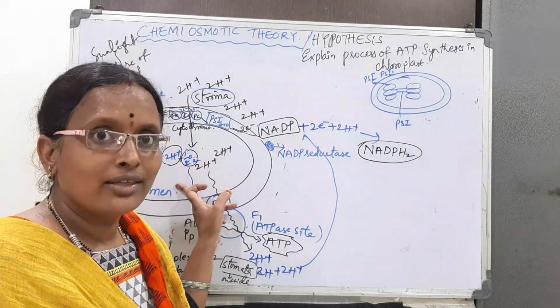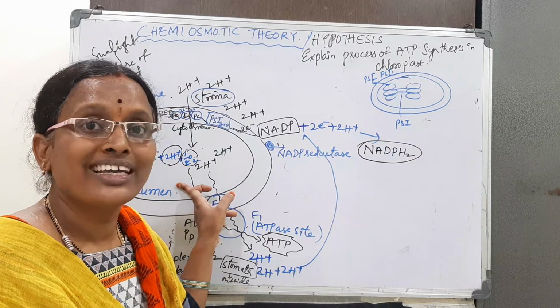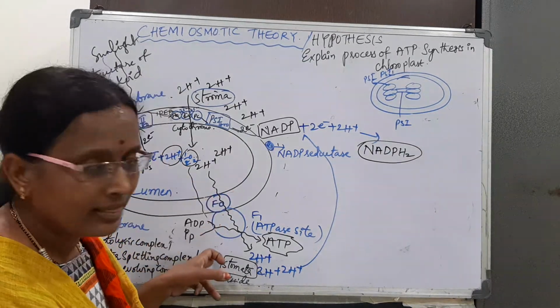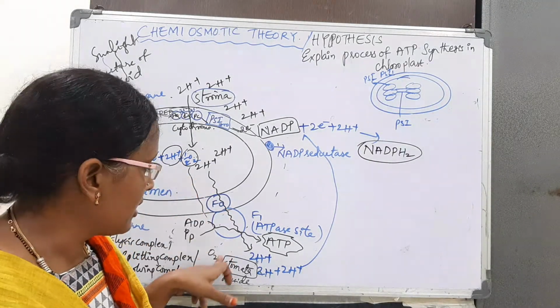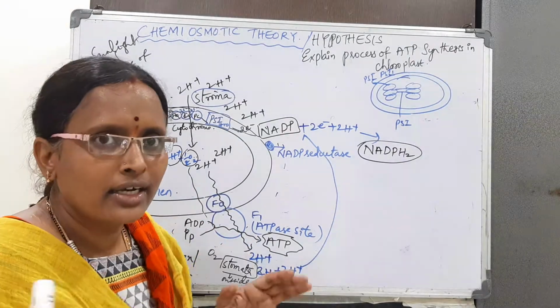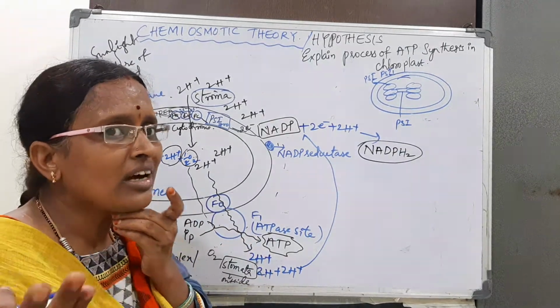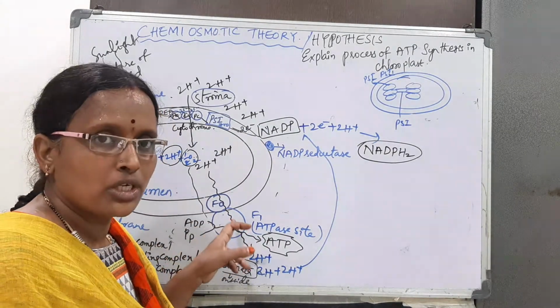As a result, the concentration of protons is increased in the lumen compared to the stroma. The proton gradient is higher than in the stroma, so they are going to be sent outside. They cannot simply come out; there is a special protein channel.